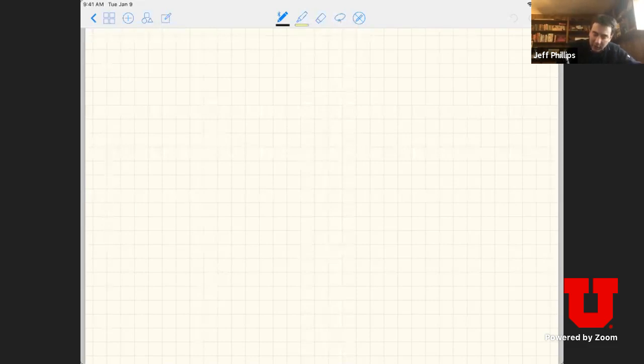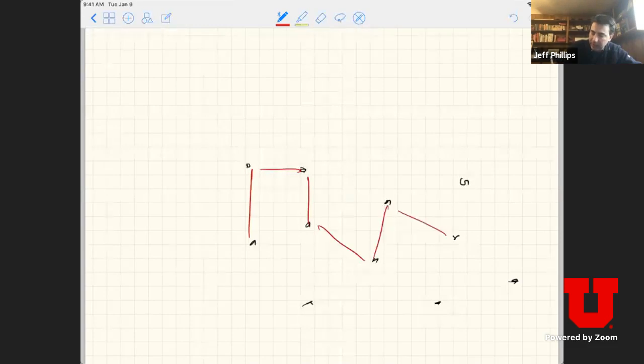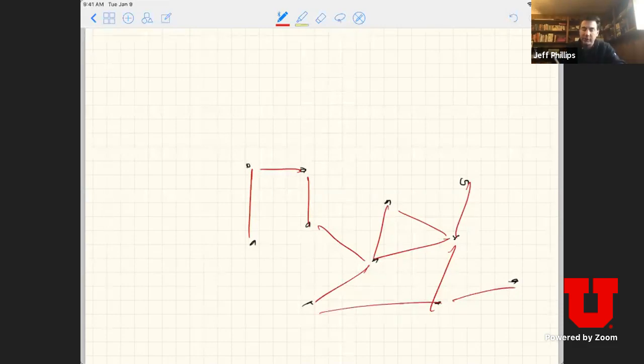So let's start with some graph, and there are some edges in this graph.